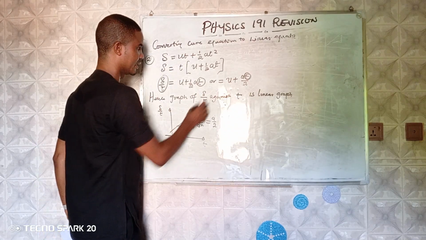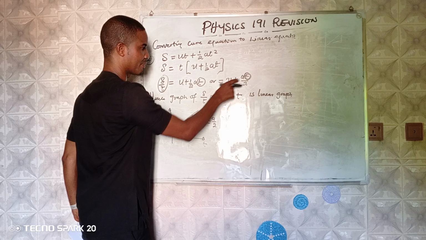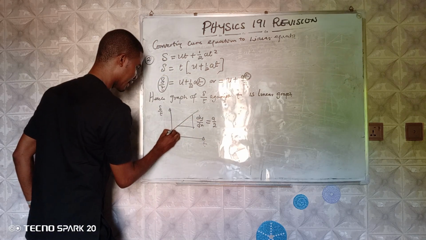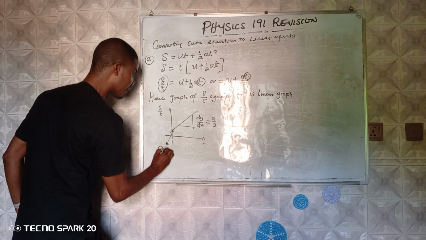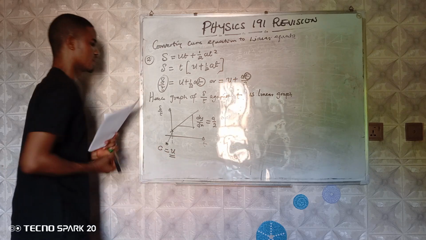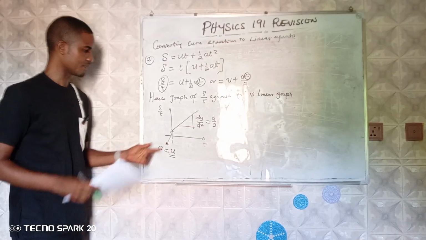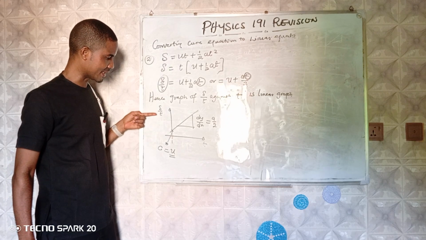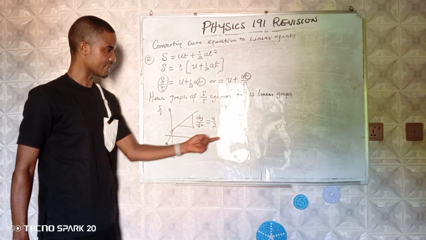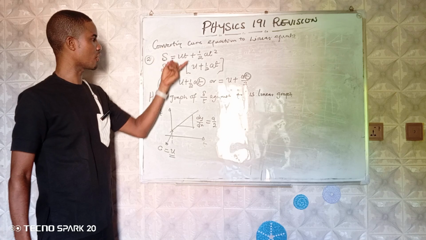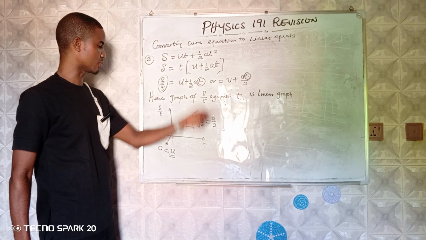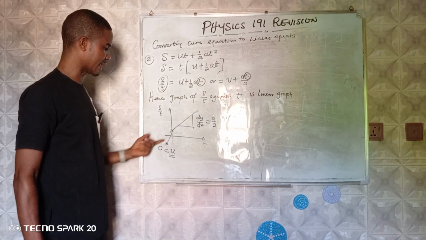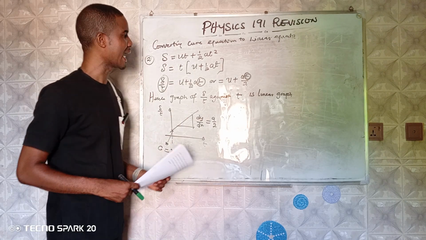Then anything attached to this t by virtue of addition or subtraction is my intercept. So here is my c, which is equal to u, the initial velocity. So this tells me the initial velocity of the motion. If I plot s over t against t, I will have this. I've converted this curve equation, or quadratic equation, to the equation of a straight line. So I can get the slope and whatever information I need from there.